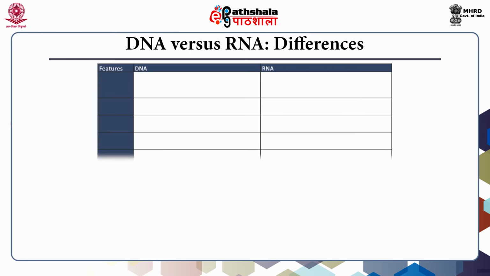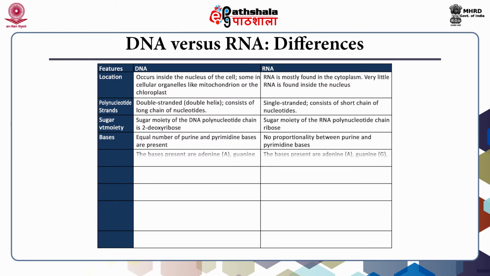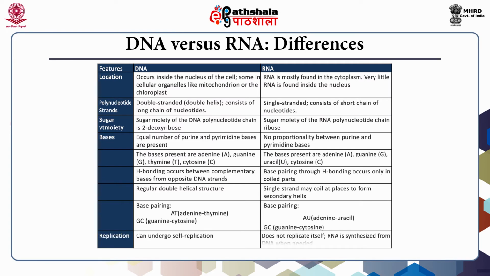In this table, the key differences between DNA and RNA are shown. You can see that DNA is double helical and found in the nucleus, while RNA is single stranded and present mostly in the cytoplasm. The main sugar in DNA is deoxyribose, while ribose is the sugar in RNA.